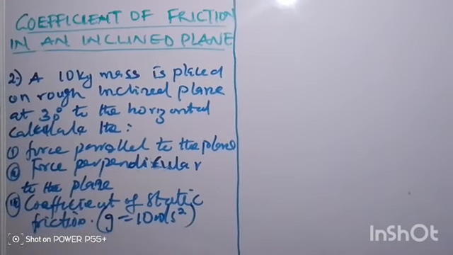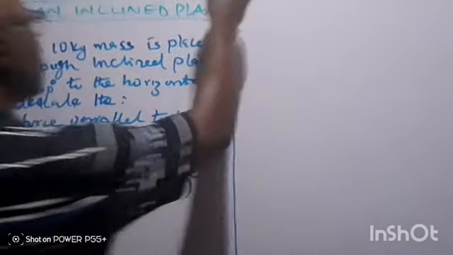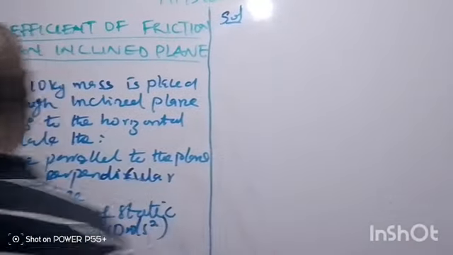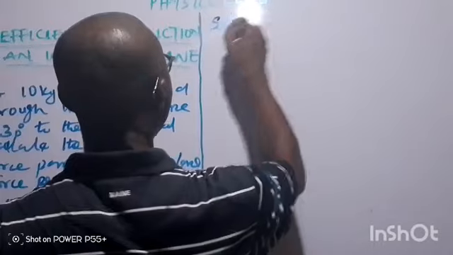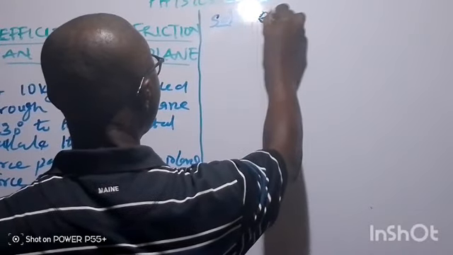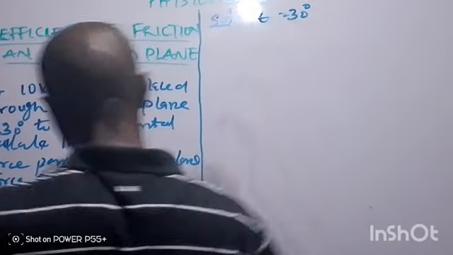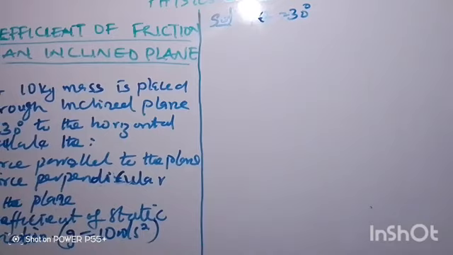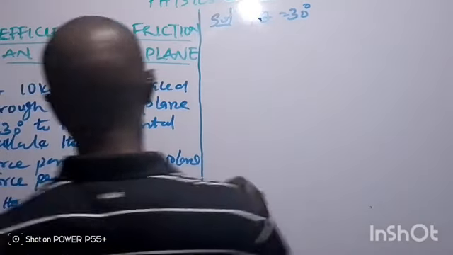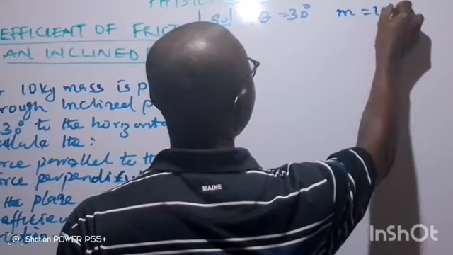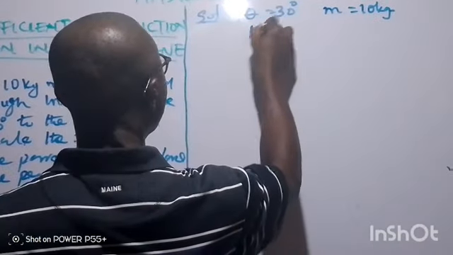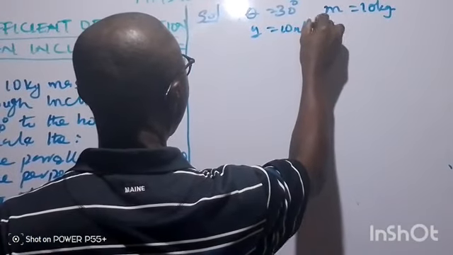Now, solution to this one. What are the possible parameters given to us? Theta is given, that is angle is given as 30 degrees to the horizontal. Then mass of the body, m, is given as 10 kg. Then g is given as 10 meters per second squared.